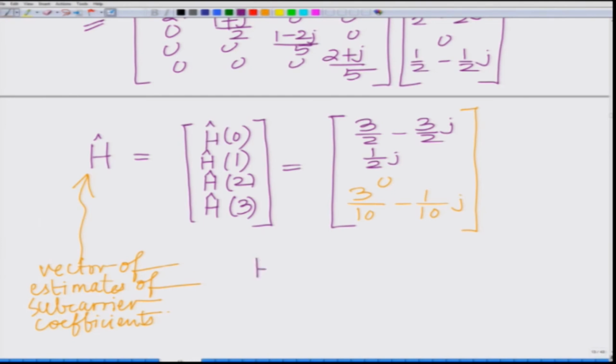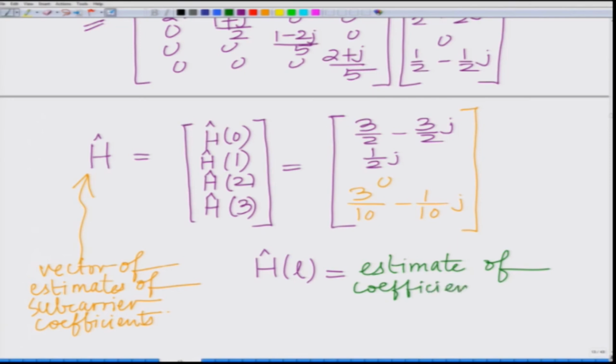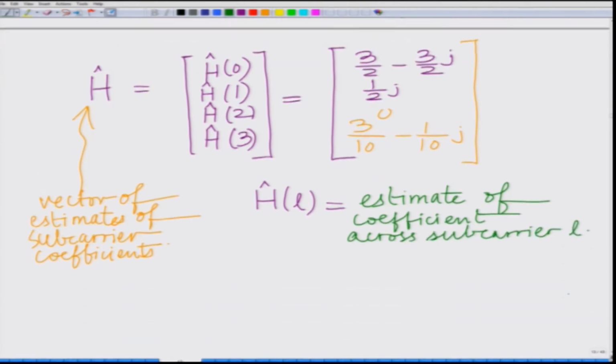For instance, H hat of L equals your estimate of the coefficient across subcarrier L.